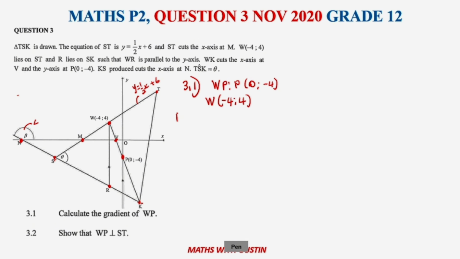The gradient m of WP is equal to the y at W minus the y at P, all over the x at W minus the x at P. So we are going to substitute here: the y at W is 4, minus the y at P, which is negative 4, all over the x at W, which is 4, minus 0.